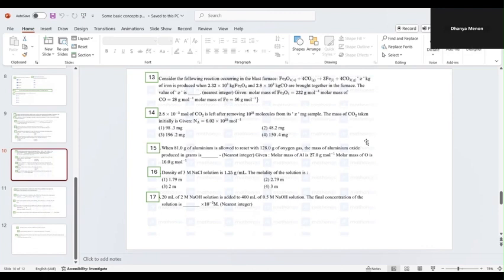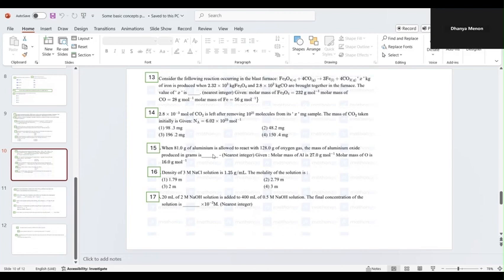This is what is left after removing how many molecules? 10 raised to 21 molecules are removed. From x mg of the sample, what is the mass of carbon dioxide taken initially? How much is the initial mass?